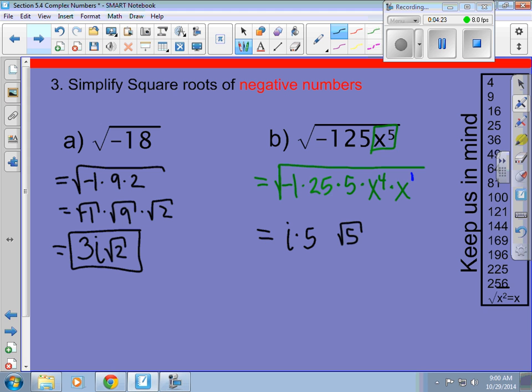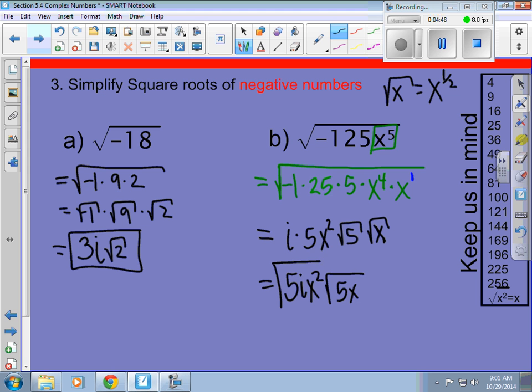Well, remember, the square root of x is really something to the 1/2 power, so I take 4 times 1/2, which gives me 2, so x to the 2nd, and then the square root of x, that does not come out. So I would leave that underneath the radical sign. So just rewriting, out in front, we typically have 5i x squared, and then I can write underneath the whole radical 5x. There is part B for number 3 simplified.